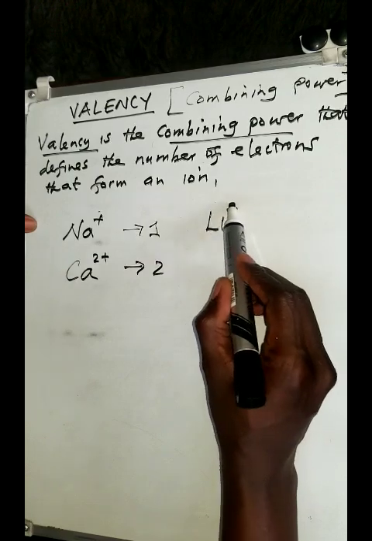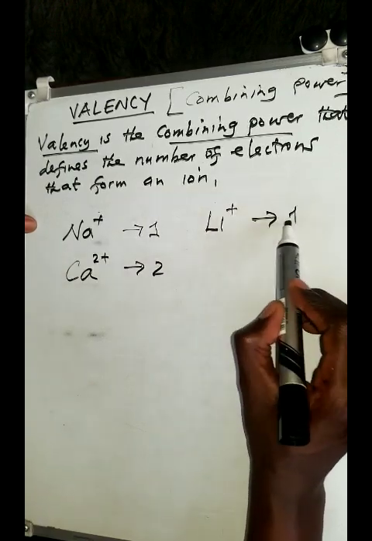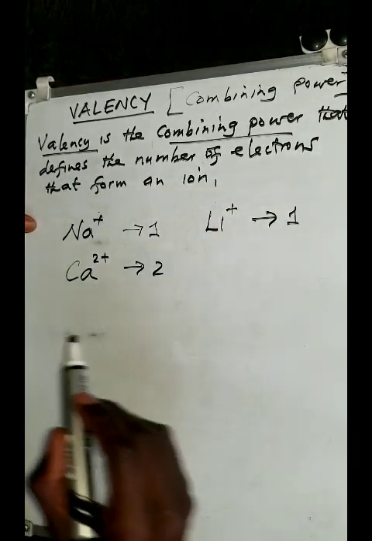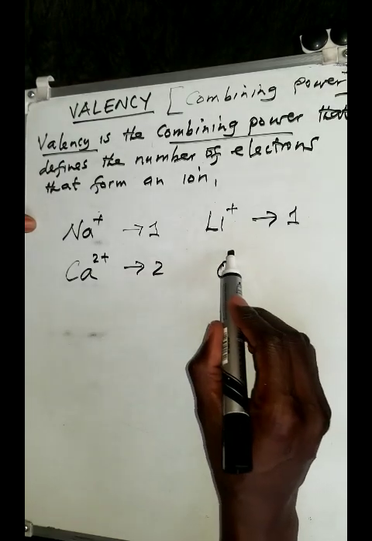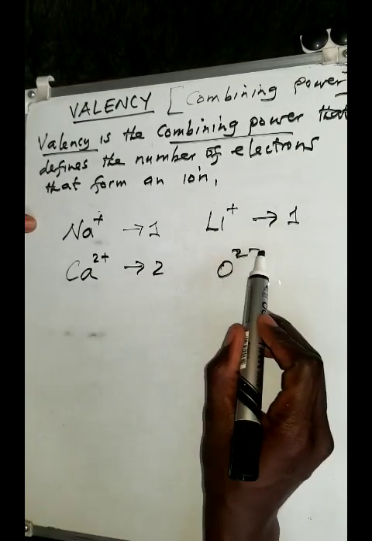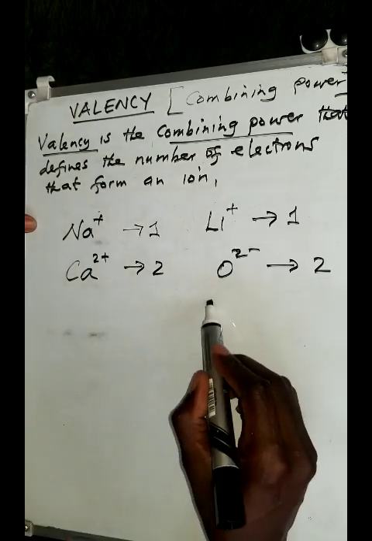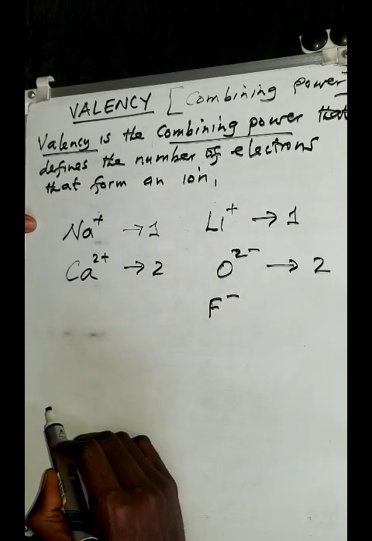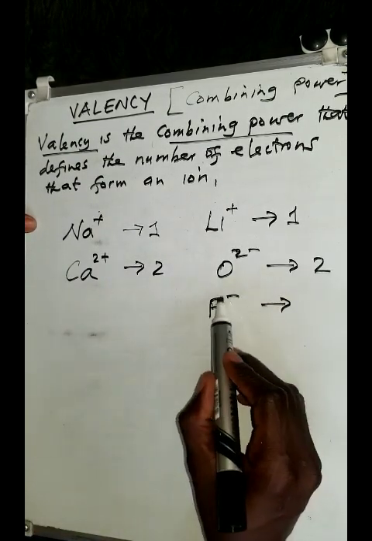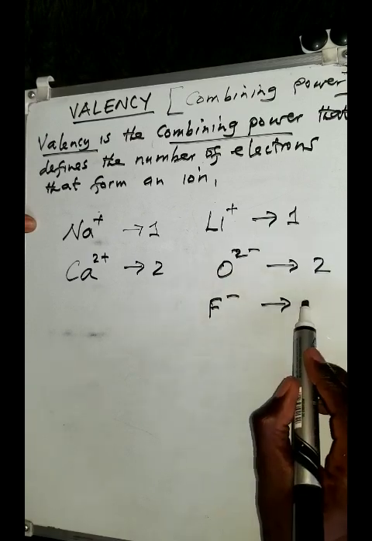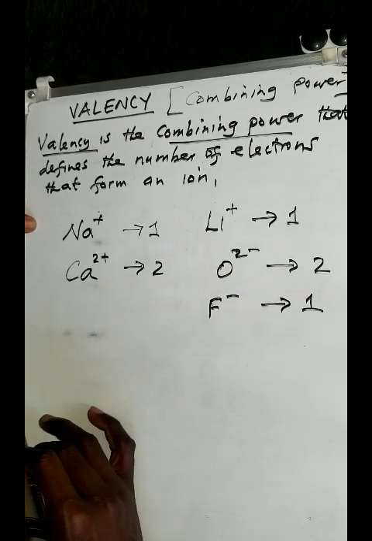Lithium has a valence of 1. You can talk about non-metals like oxygen, which has a 2-, so it has a valence of 2. Fluorine has a charge of -1, so it has a valence of 1.